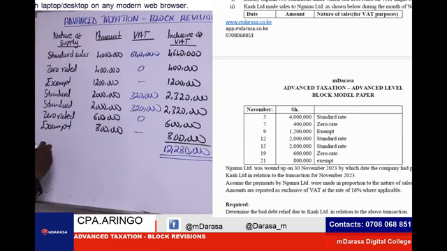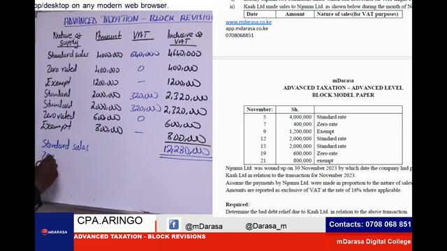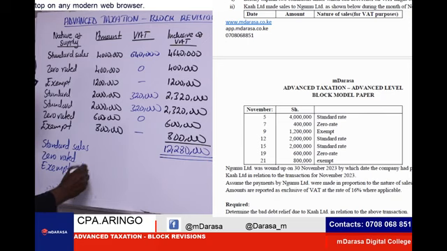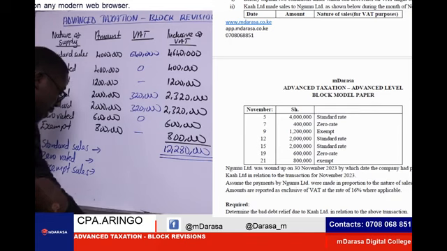So in this case, we do this summary. Let us determine the total standard sales. Let us determine the zero rated sales. Then let us determine the aspect of exempt sales. Okay, so this is what you want to determine. Of the total value, how much did you have as a standard?